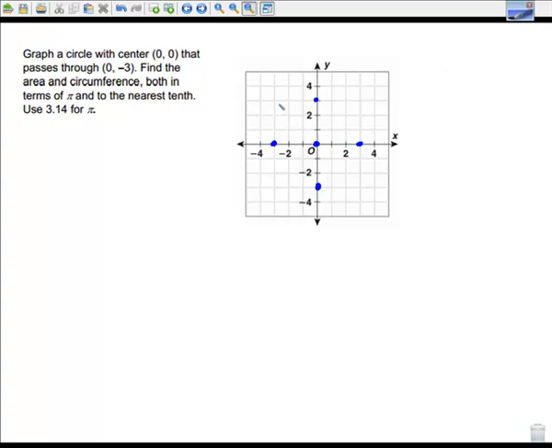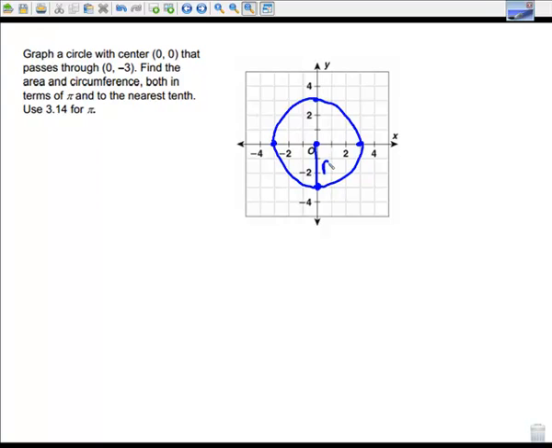You could find 3 if you wanted to with the distance formula, but this is going to work good enough for us. Just be careful when you draw in your circle. Try to get as accurate a circle as you can. And as you can see, what I'm doing is just taking 1/4 of the circle at a time. Close enough. And then here's my radius.